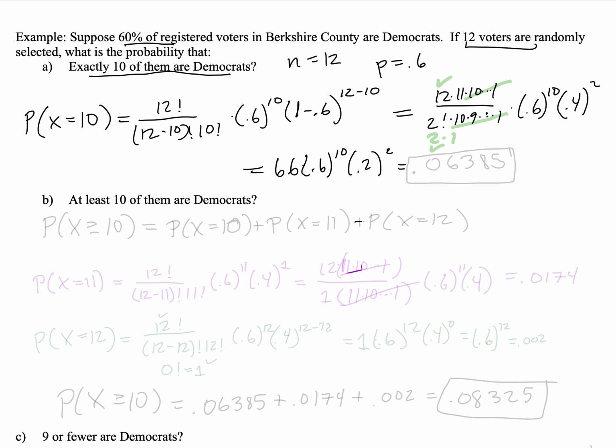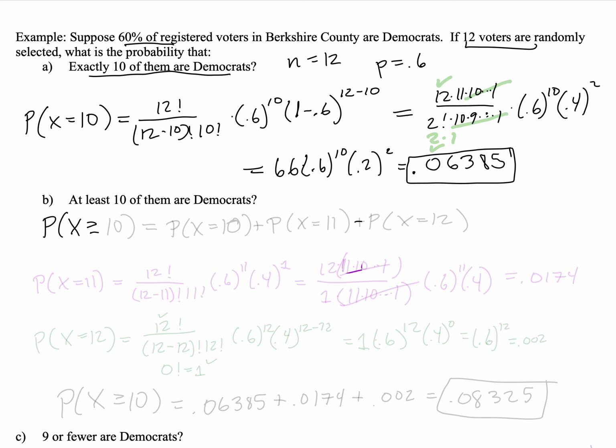And if you simplify that, you will get 0.06385. 0.06385 is our probability.